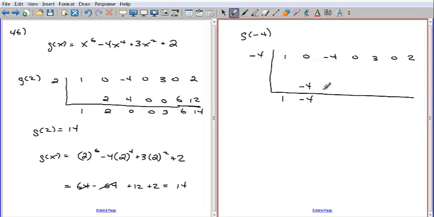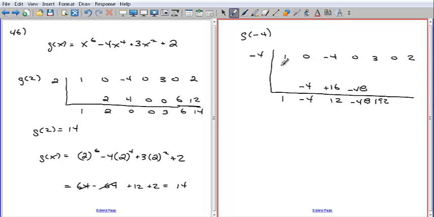Negative 4 times negative 4 is positive 16. 16 plus negative 4 is 12. 12 times negative 4 is negative 48. Add these together, you get negative 48. Negative 4 times negative 48 is 192.